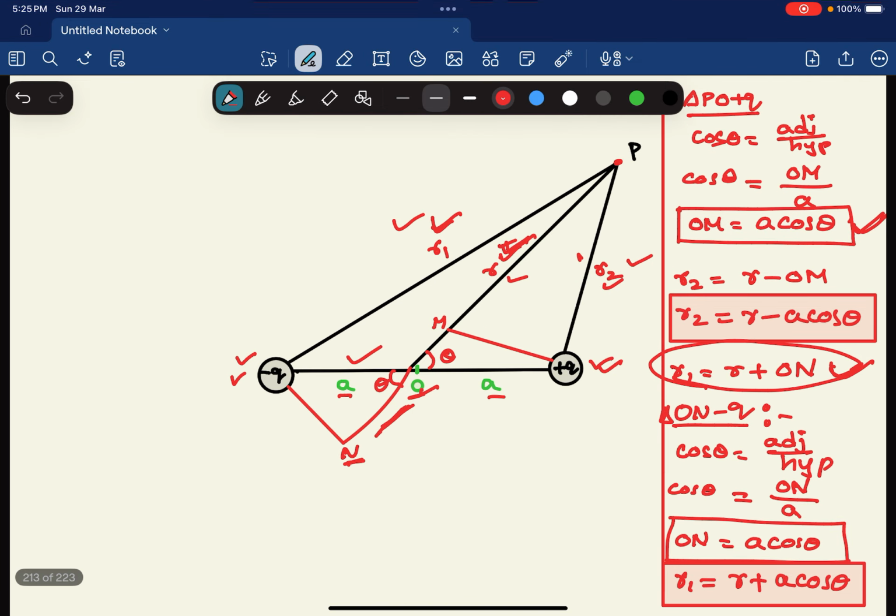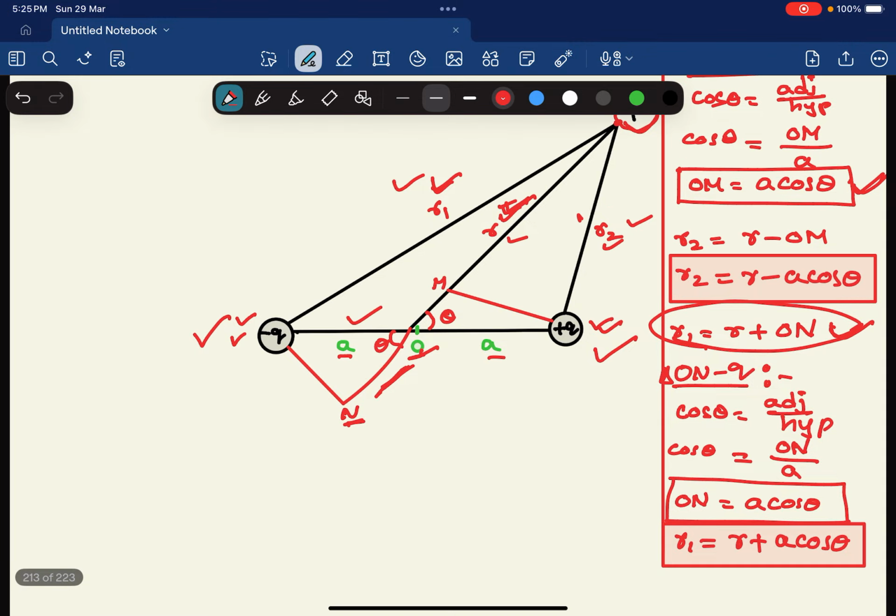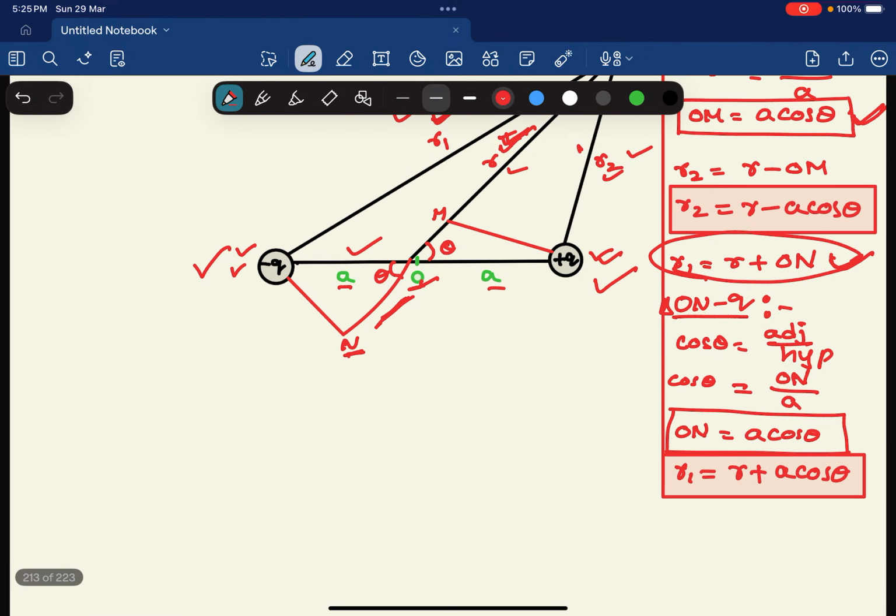So my final aim is to calculate electric potential at point P due to the positive charge as well as due to the negative charge. Okay, so I'm going to write step by step. So first I'm going to calculate electric potential at P due to the negative charge.